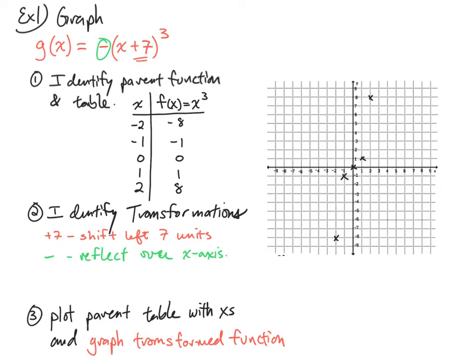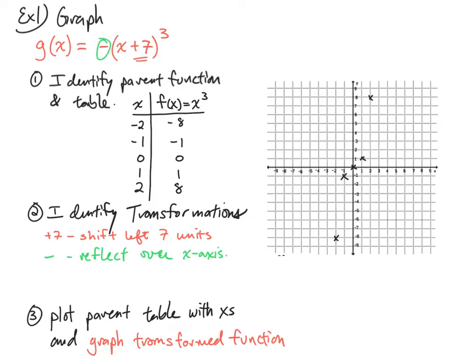Now, the really cool thing here is that we have to follow the order of operations in order to make sure we plot the transformed function correctly. So we have to take care of any multiplications we have first.